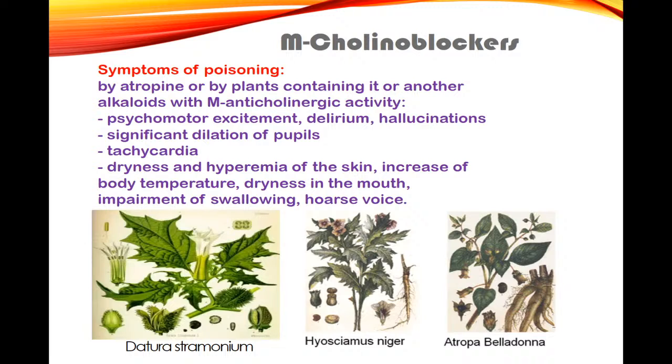Atropine is principally toxic. Toxicity is high. Sometimes people can be poisoned using leaves of these plants, or berries, especially children. If a child eats berries of these plants, he is poisoned, and of course we should treat him.